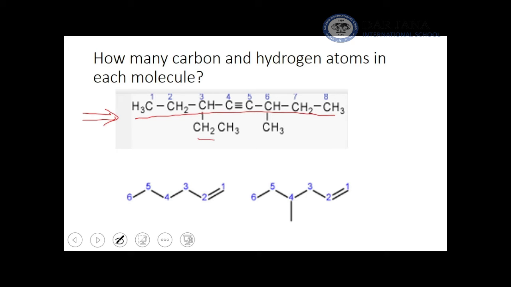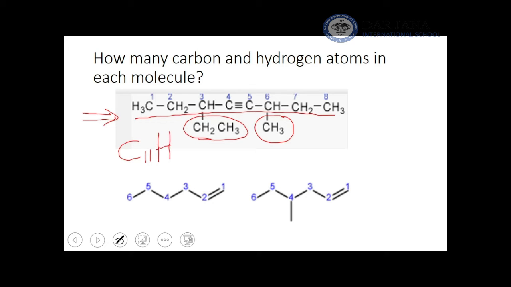In the first alkyl group containing 2 carbon atoms, in the second alkyl group is containing 1 carbon atom. So the total is 11. So 11 carbon atoms.